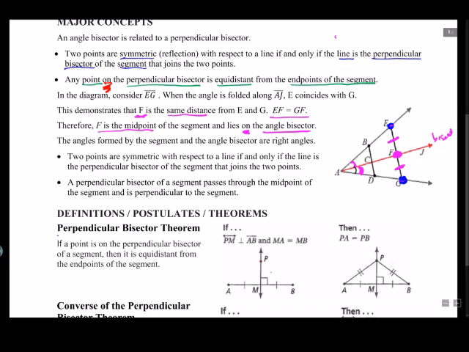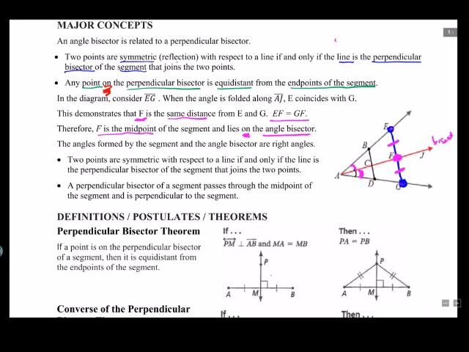So we have congruent segments because of our midpoint F, and a ray that is perpendicular to that segment that passes through our midpoint. Are you seeing perpendicular bisector here?